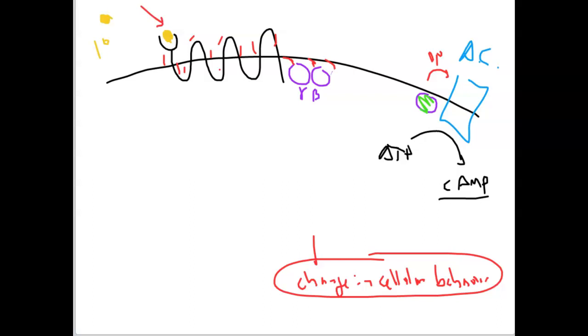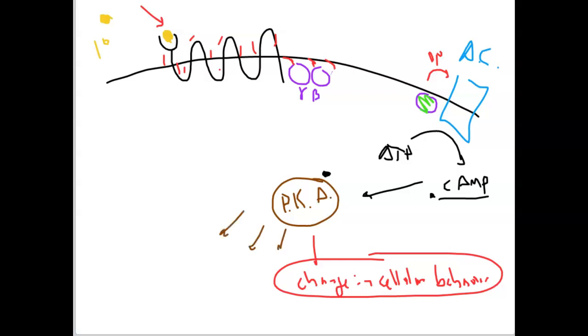That cyclic AMP, once it is made in the cell, goes and activates. So here's cyclic AMP as a black dot. It binds directly to and activates a protein called protein kinase A. And what do we know about kinases from this lecture and the previous one? We know that kinases change cellular behavior.